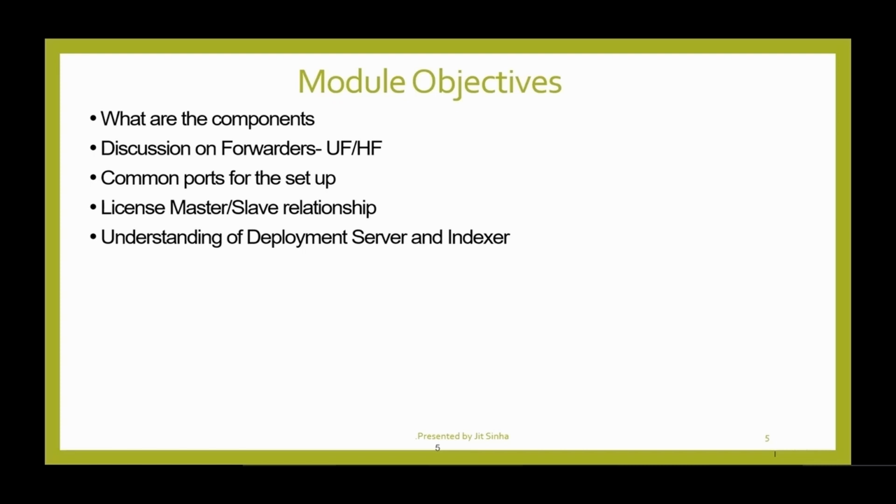There is one thing which I missed. When you install it, by default, Splunk will be able to consume 500 MB of data on a daily basis. The trial version can be used for free for the first 60 days, if I'm not wrong, and you can consume unlimited data with no restriction.